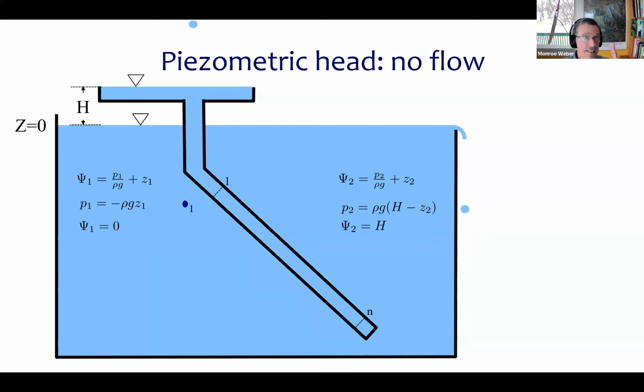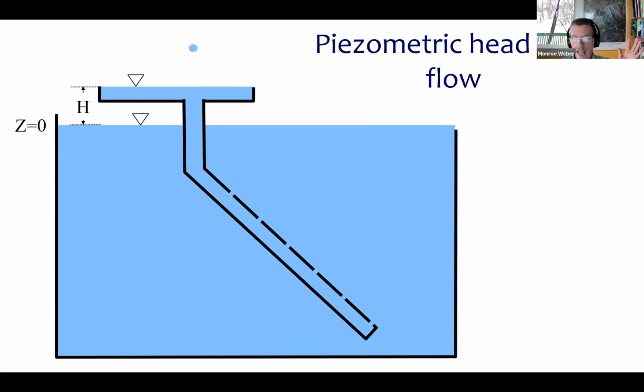And that means that if I drill a hole anywhere along this manifold, this pipe, water will come out, because water goes from high piezometric head to low piezometric head. Am I convincing you? So piezometric head at 2 is h. And if I now put orifices in the side of that tube, water will flow out of all those orifices. The reason it flows out is because there's this piezometric head difference, and it all looks great.